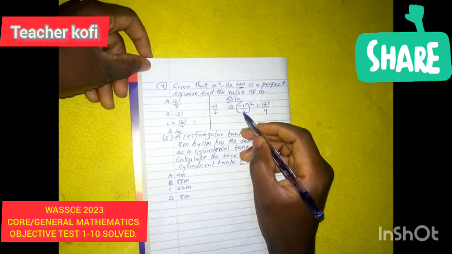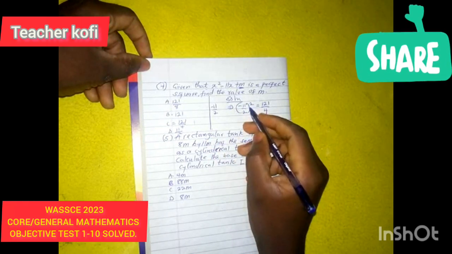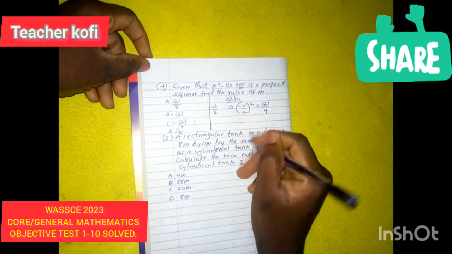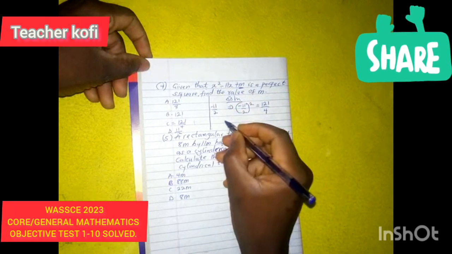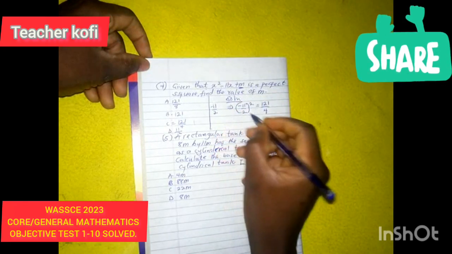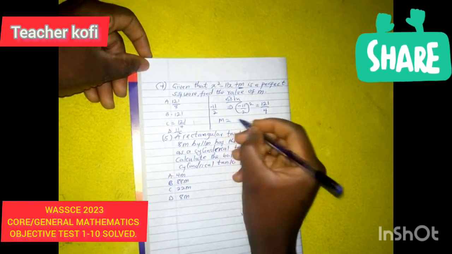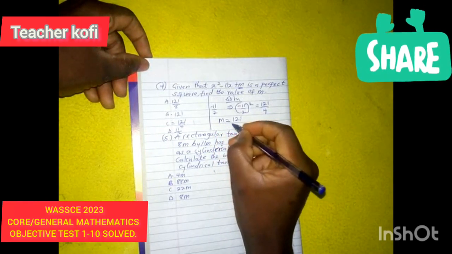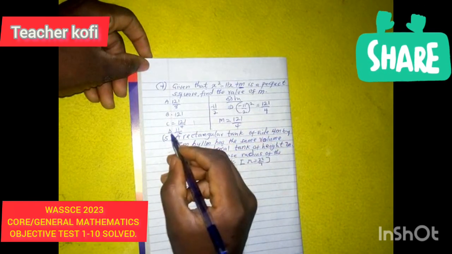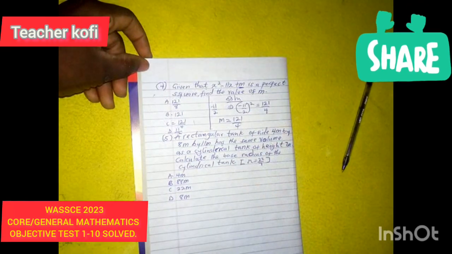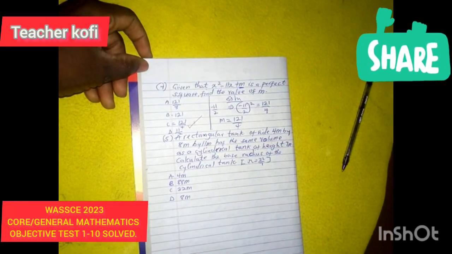Now we square all the sides and we get 121 over 4. Then we take m. So m is now equal to 121 over 4. So the answer for this is C.